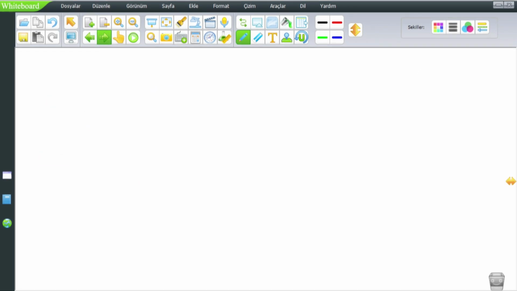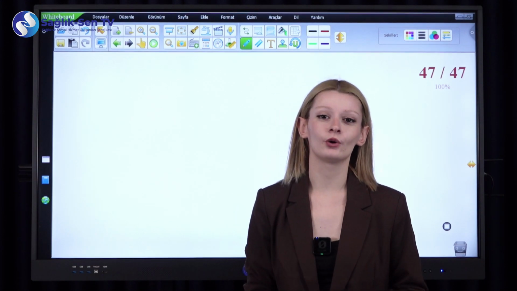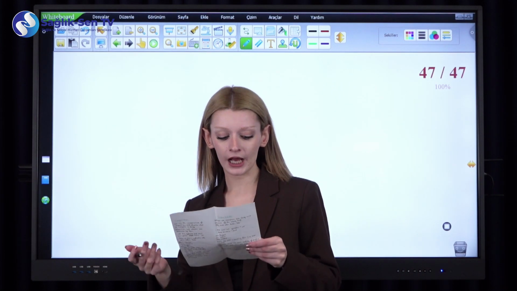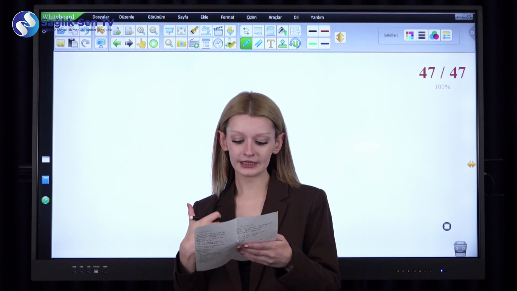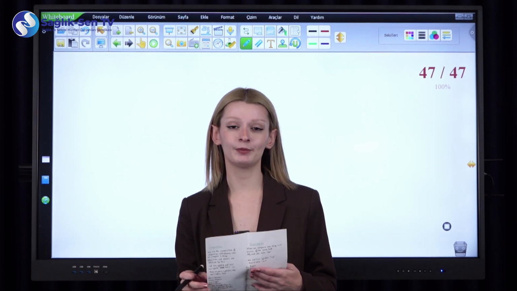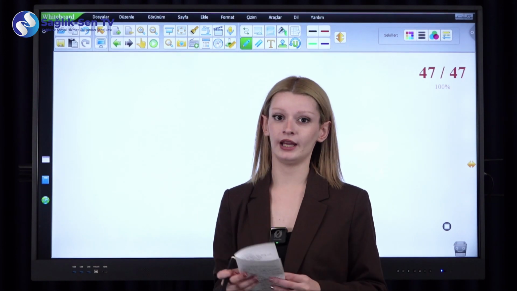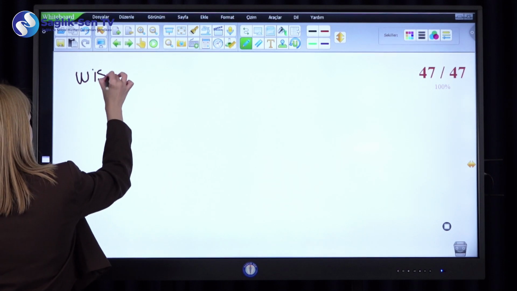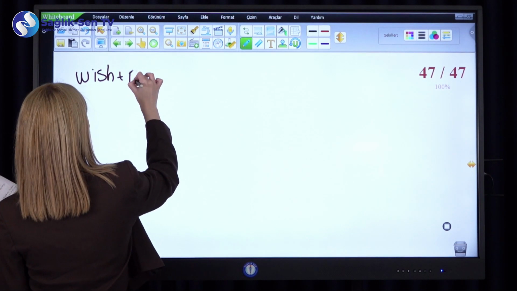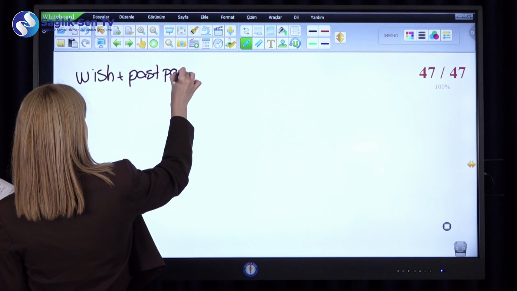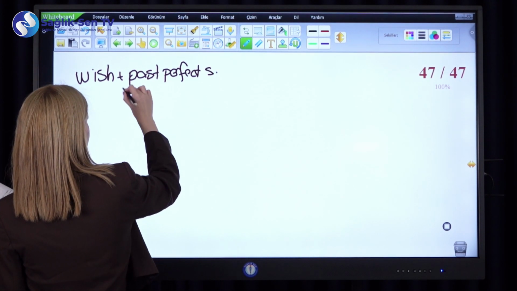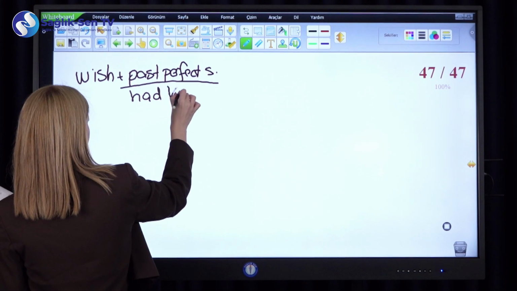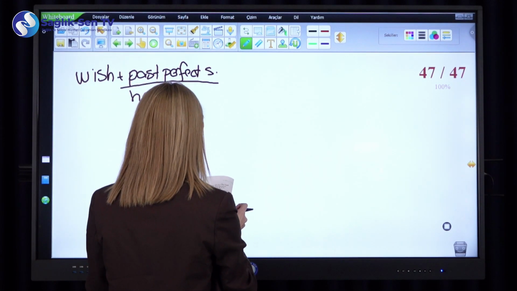And these two uses were how we talked about present or future wishes. And now we have past wishes that didn't happen and cannot change anymore. And in order to express that, we use wish and past perfect simple, which is had verb 3, I'm sure you remember.